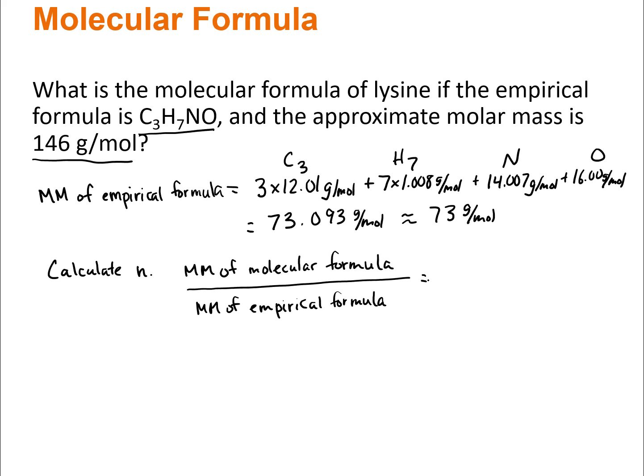Our molecular formula has a molar mass of 146 grams per mole, and we just calculated 73 grams per mole for our empirical formula. That should give you 2. So that means 2 times the empirical formula.